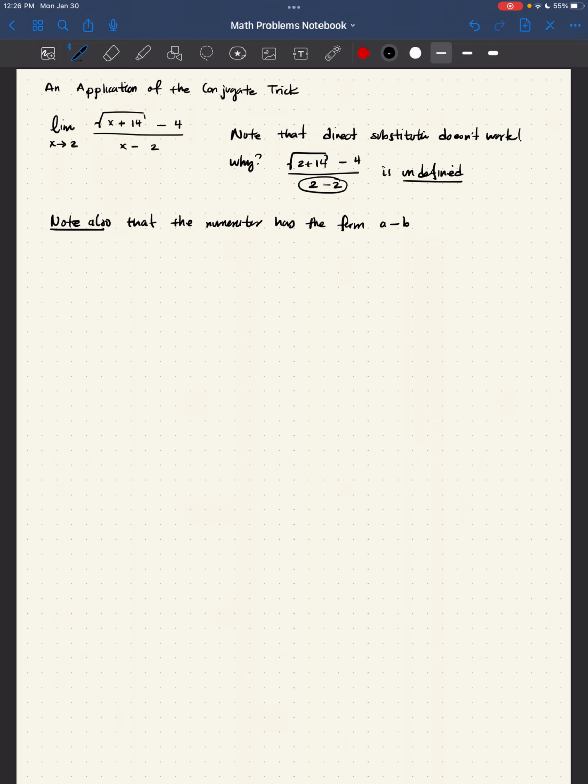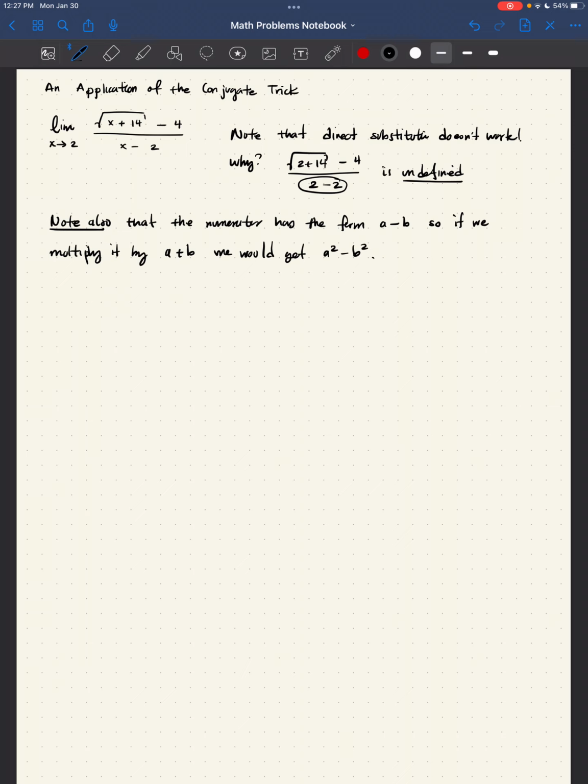So look, if we multiply it by a plus b, we would get something of the form a squared minus b squared. Now you may say, why might this be useful? Well, look, the expression that we have here is a radical. But if we square it, we will get rid of that radical sign. So why don't we give it a shot?